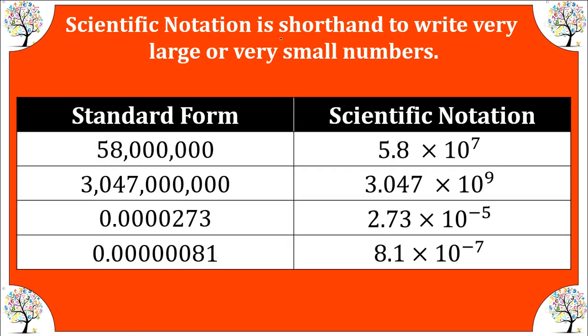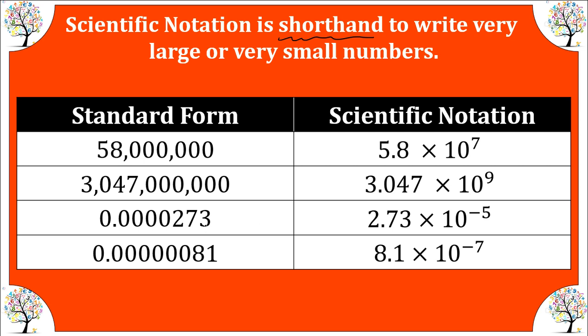So scientific notation is shorthand to write very large or very small numbers. In our first example, we have 58 million, and we can write it in scientific as 5.8 times 10 to the 7th. You can see that we have another very large number, and we can write it using the power of 10.